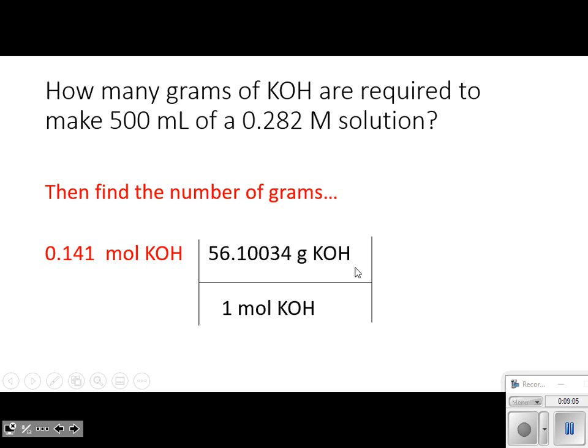So when I take that 0.141 and I multiply that by 56.10034, I get a cancel, and I get a value of 7.91 grams.